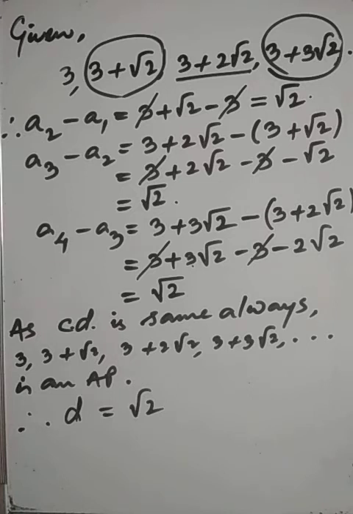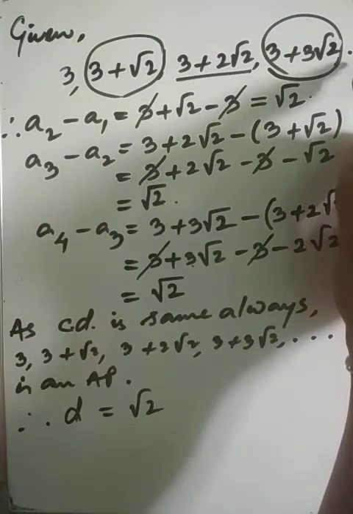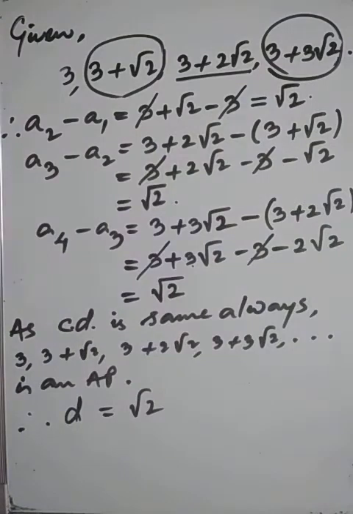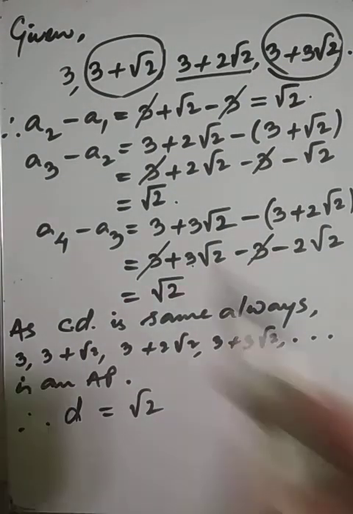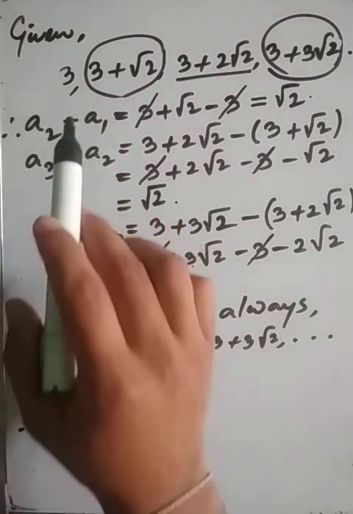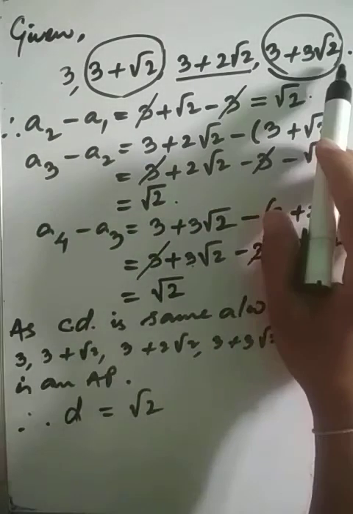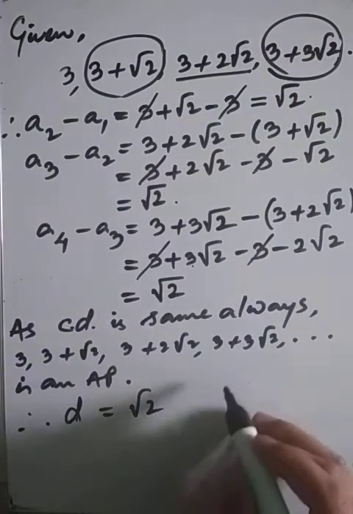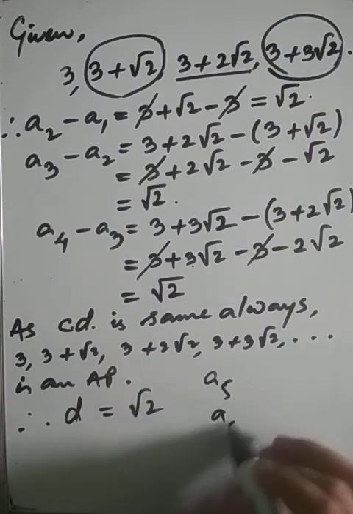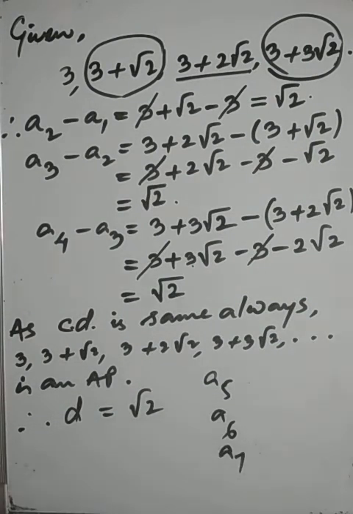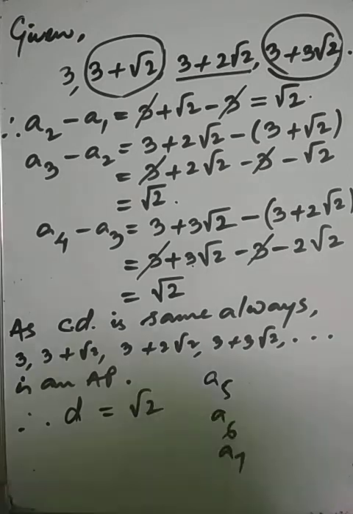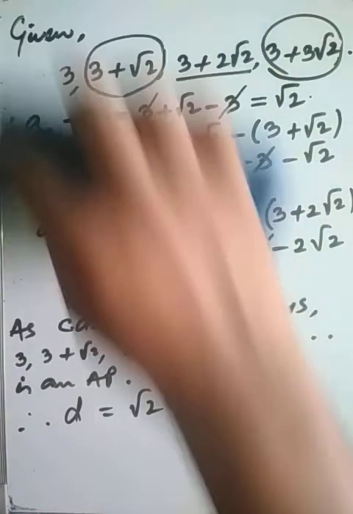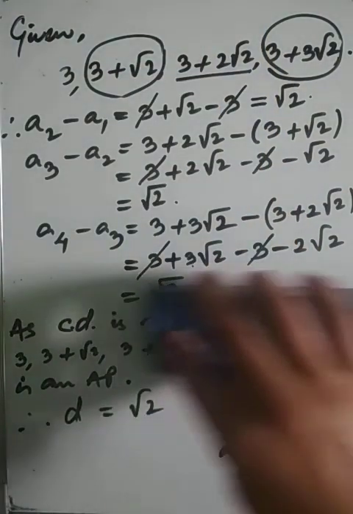In this AP, actually this is an infinite AP. Infinite AP means an arithmetic progression having an infinite number of terms, but the question discloses only 4 terms. So next we are going to find the next 3 terms. That means A5, A6 and A7. So let us find them now. So I will rub this part.